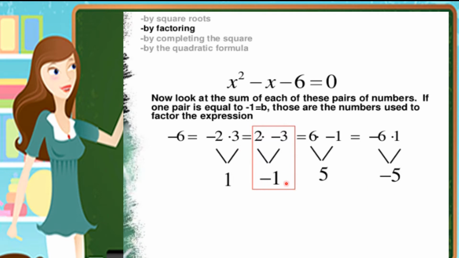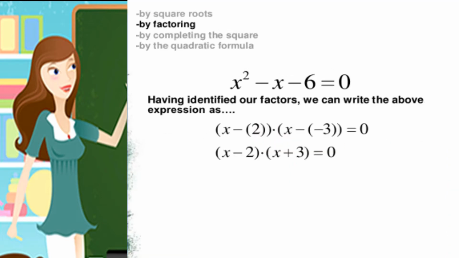Ito na, ito yung pwede natin gamitin kasi 2 minus 3 is negative 1, and that is the value of our b, negative 1. So, therefore, ang gagamitin nating factor ay si 2 at si negative 3. Ito yon.